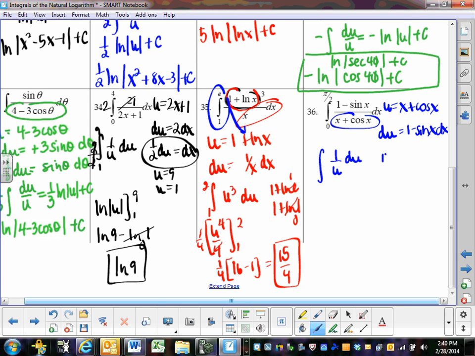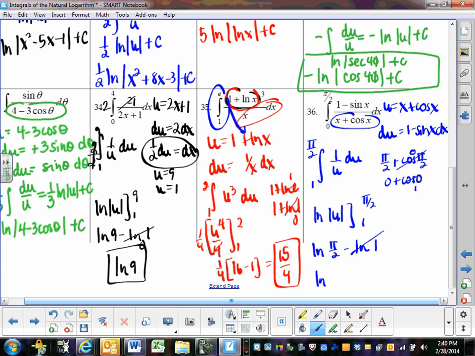So I have 1 to 9 with a 1/2 outside, and then it's 1 over u du. So we have just the natural log absolute value of u from 1 to 9. And like Taylor Swift, we never, ever, ever get back together with our x because we have limits. So remember, the natural log of 1 is 0. So our answer is just natural log of 9.